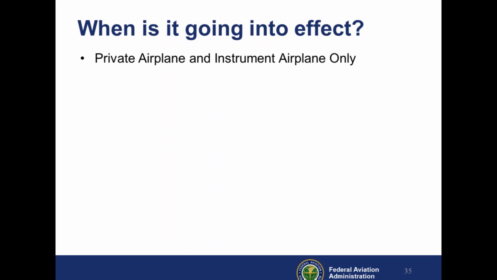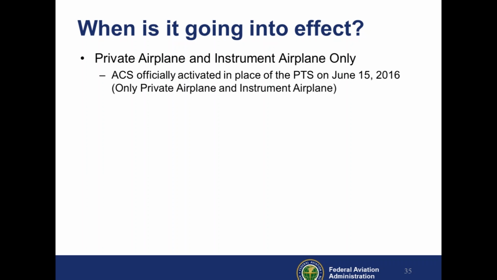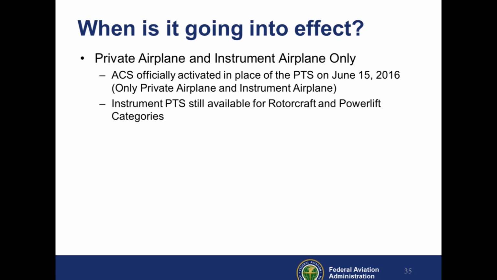So when's this all going to go into effect? Well, private airplane and instrument airplane only, those ACS documents actually went into effect on June 15th of 2016. You probably already know that, because those are now used for check rides as of June 15th.